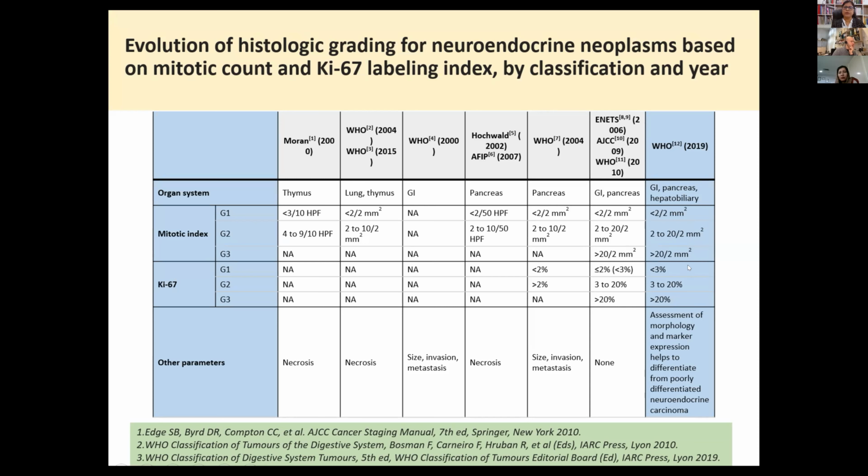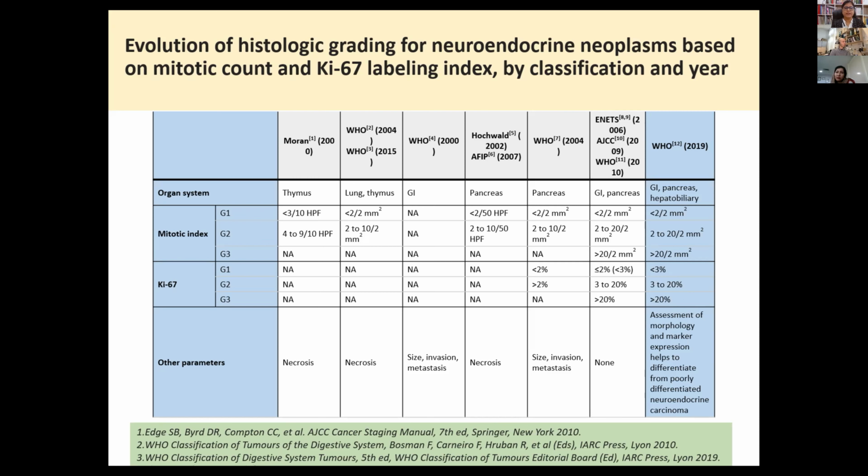And in grade 3, the mitosis is more than 20 per 2 square millimeter. And on the basis of Ki67, in grade 1, the Ki67 is less than 3. If the Ki67 is between 3 to 20, then it is graded as 2. And if the count is more than 20, then this is graded as grade 3.